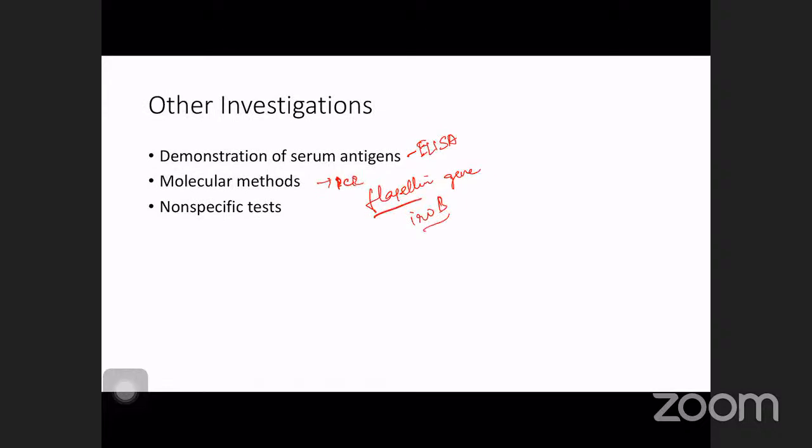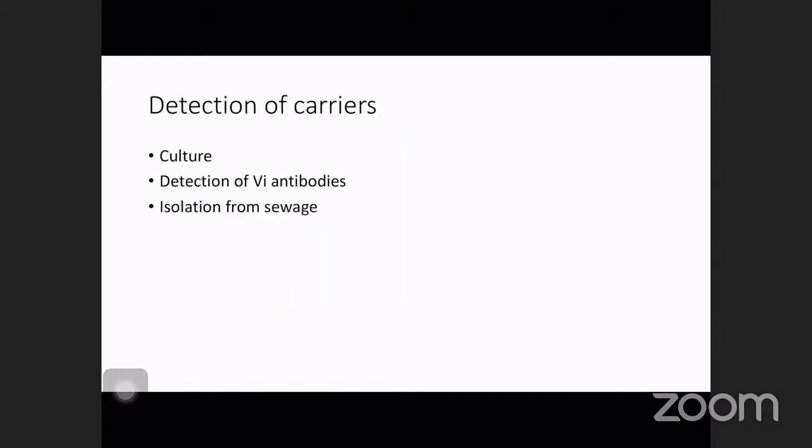Non-specific tests: in the total leukocyte count there will be leukopenia and also eosinopenia. Eosinopenia is one very important thing which you have to remember. Eosinopenia always correlates with Salmonella typhi infection. And because of the liver involvement, there will also be deranged liver enzymes. So this is about the investigation part, right?